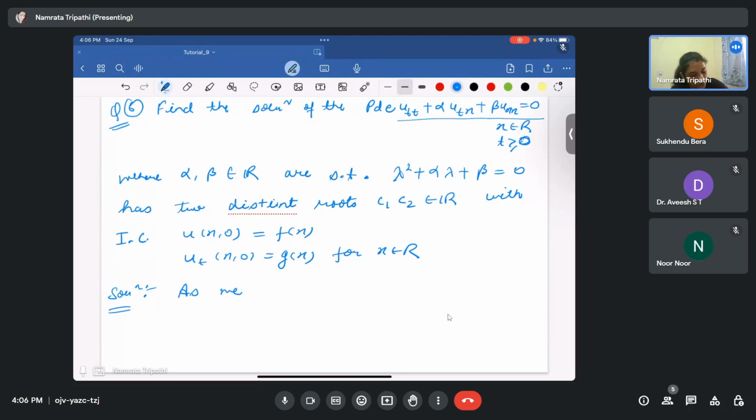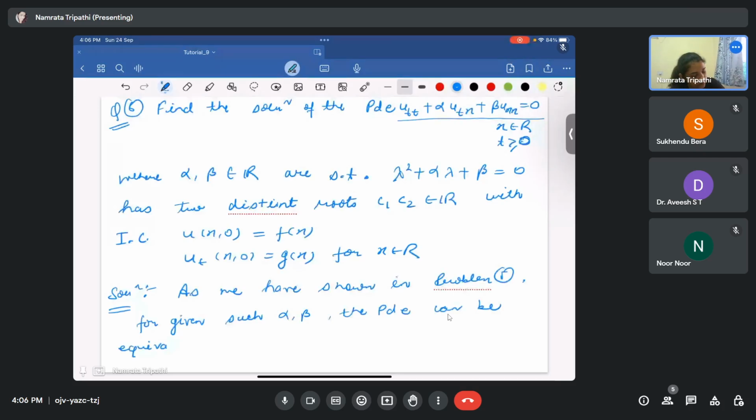You can reduce the given PDE into canonical form. As we have shown in problem 5, for given such alpha beta, the PDE can be equivalently written as u xi eta equals 0, meaning it is a function of xi and eta. What are xi and eta?